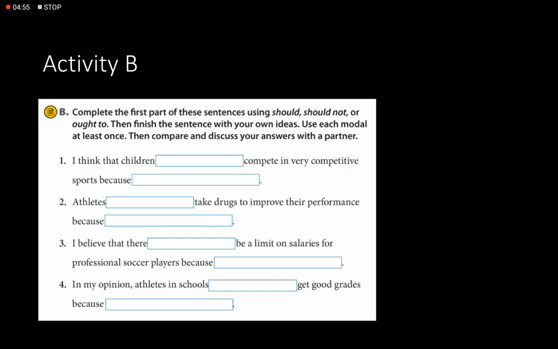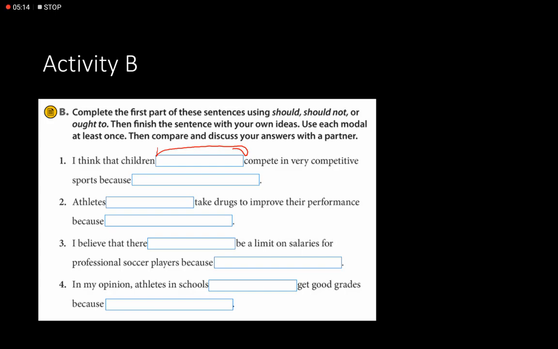Alright, for the next activity, guys, we have 4 questions. For the first part of the answer, you should write the modal. So should not, or ought to. Okay, we can do the first one together. All right.